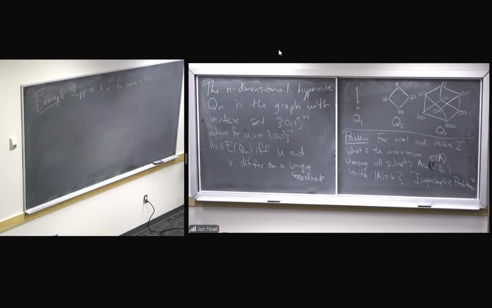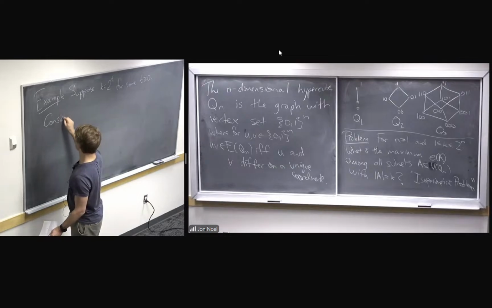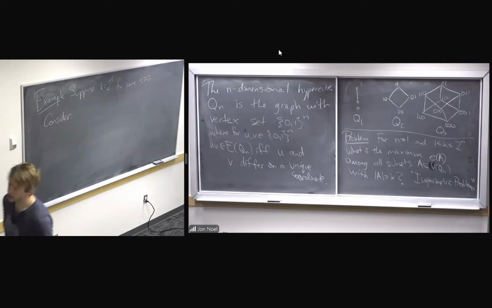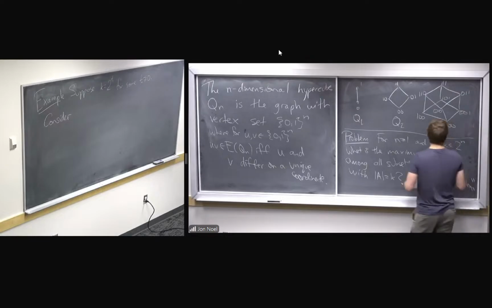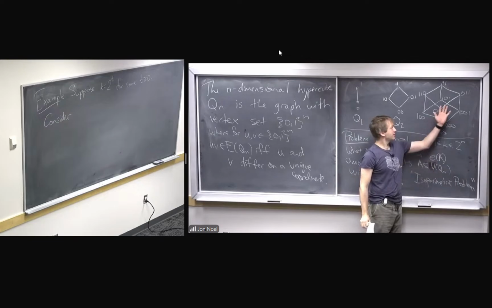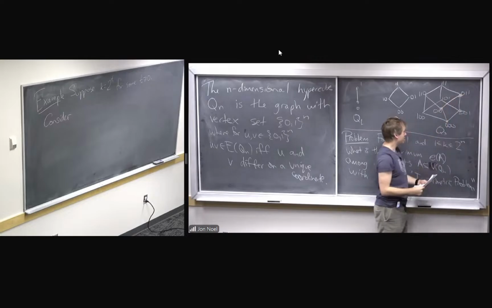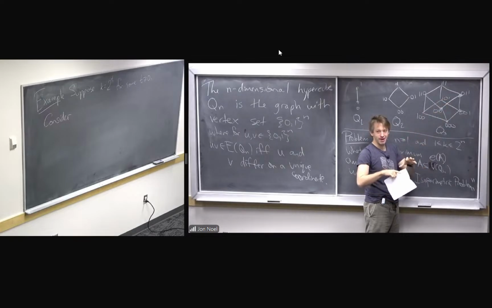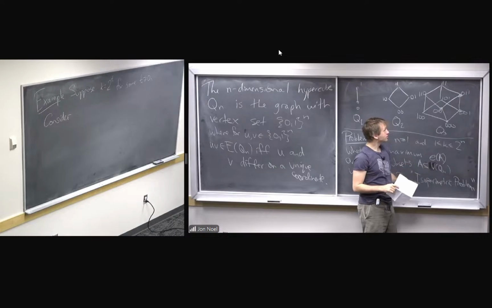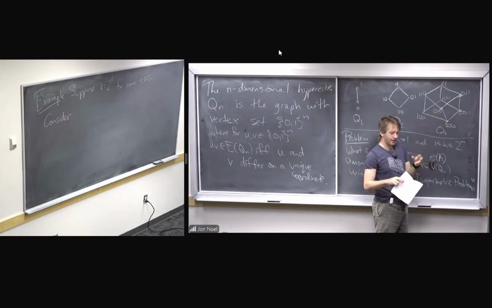Then one construction: for example, if we're in the three-dimensional cube and I say pick 4 points to maximize the number of edges, one nice thing you can do is pick a face of the cube, right? If you went exhaustively through all the possibilities, you'd find that picking 4 vertices in a three-dimensional cube this way maximizes the number of edges. This face is a subcube of the cube.